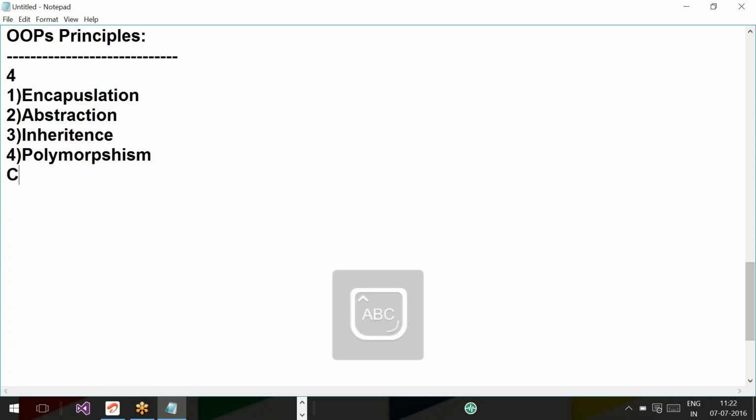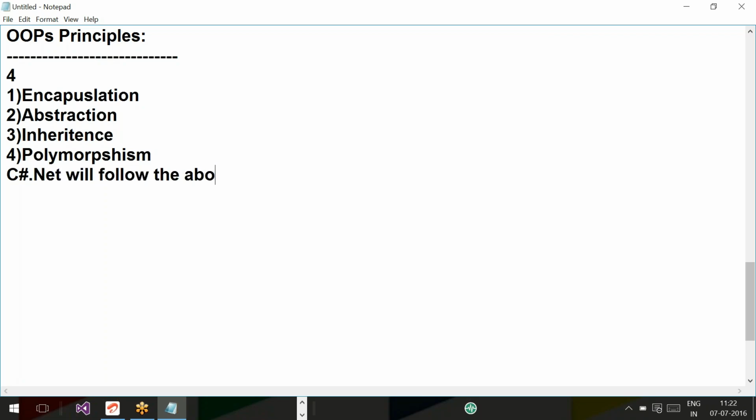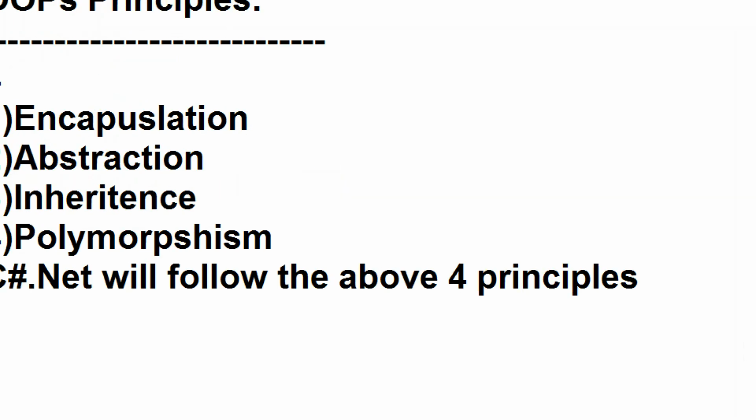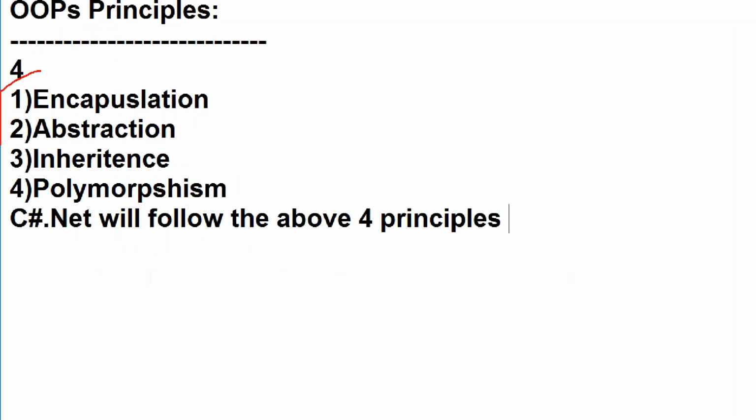C#.NET follows the above four principles. Due to that reason, C#.NET is called an object-oriented programming language. Now our duty is to prove all these principles in C#.NET by the end of these 10 days.